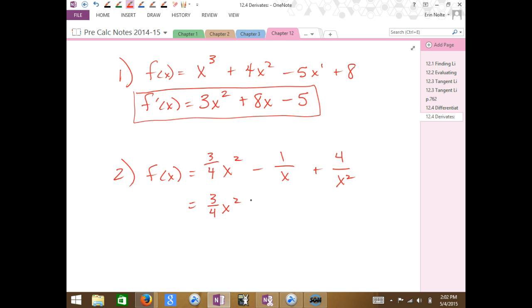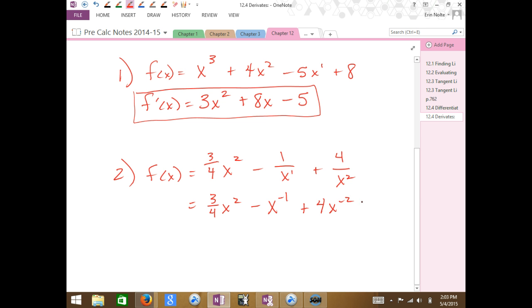Remember that this is x to the first power. All you have to do is make the exponent negative. So this would just be x to the -1. And how would I rewrite 4 over x squared? 4x to the -2. Perfect.